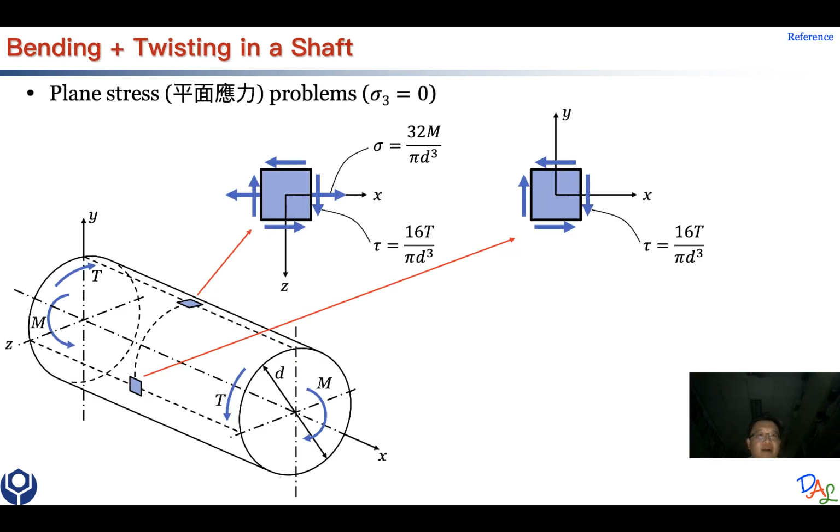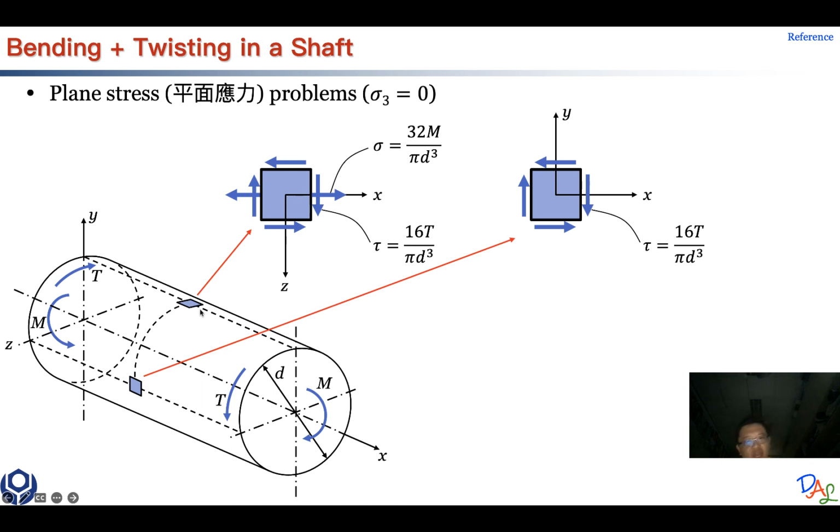Now let's take a look at a problem inside a shaft. Right now this shaft is under a pair of torque and a pair of bending moment. Then we would like to analyze somewhere at the surface of the cylinder. Let's look at the very top tip of this cylinder, highlighted by the drawing.